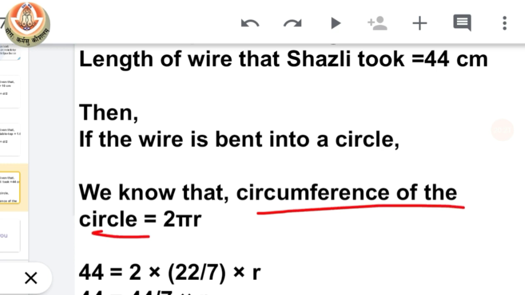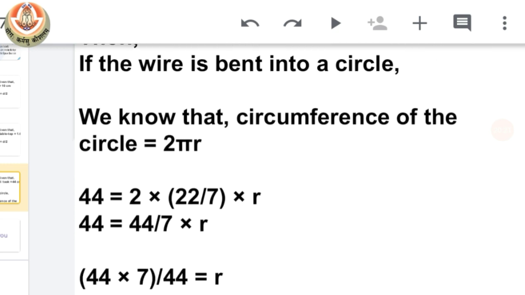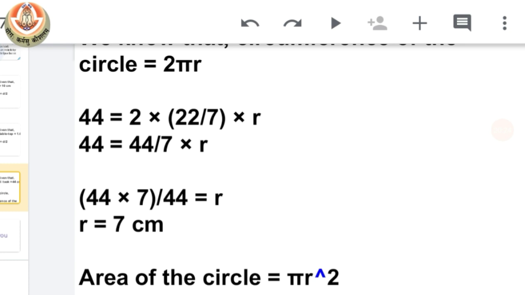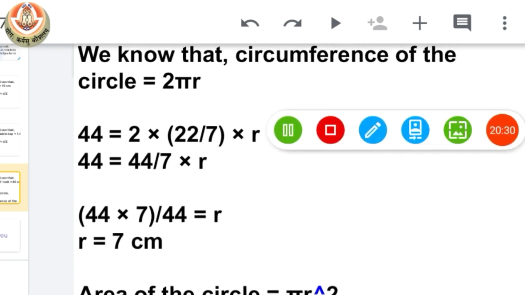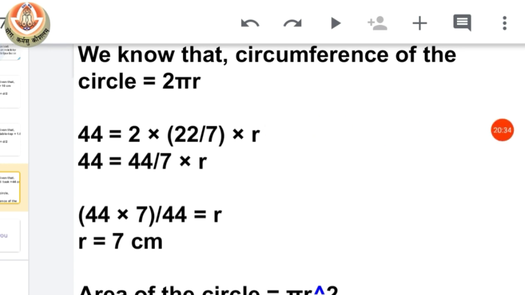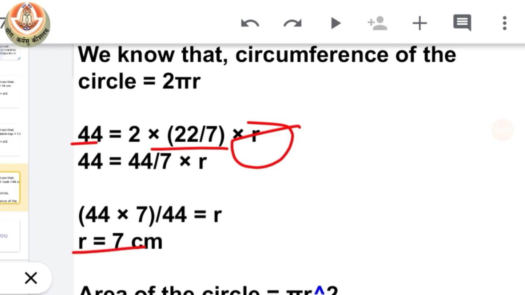So we can easily find the radius by putting the value in the formula of circumference of the circle, which is 2 pi r. So circumference of the circle is given as 44. Pi's value we are going to use 22/7 and we have to find the radius. So we can easily find the radius by solving this, which will be 7 centimeter.